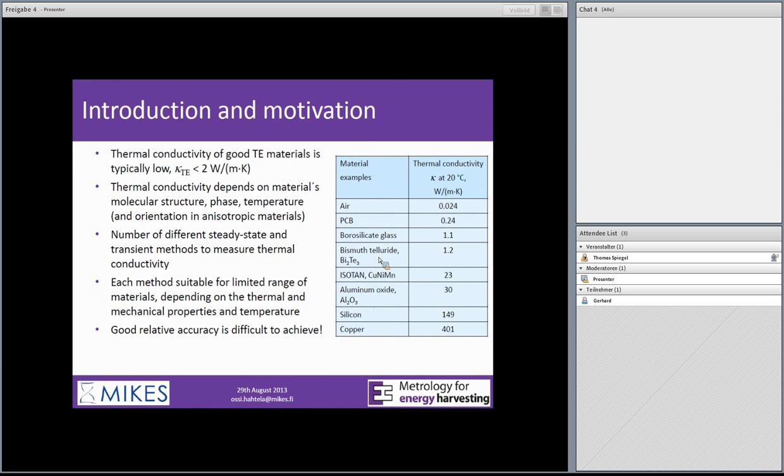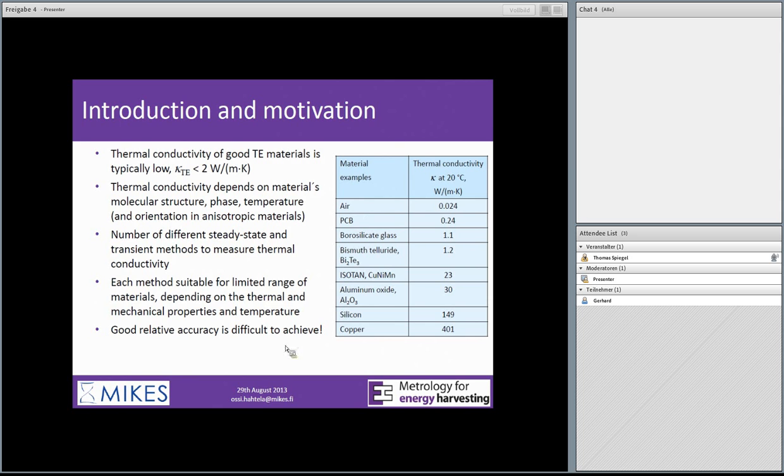Bismuth telluride is a very well known thermoelectric material which has quite low thermal conductivity. Borosilicate glass is here because we used it as a reference material when we tested and characterized our 3-omega measurement system. Printed circuit board has very low thermal conductivity, and gases, of course, have very low thermal conductivity.